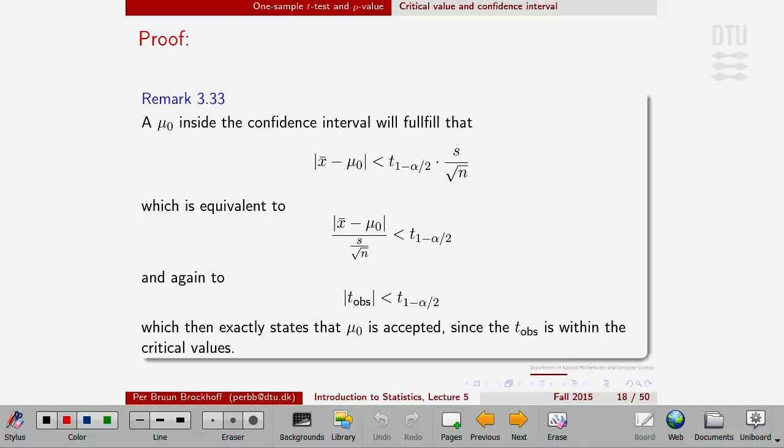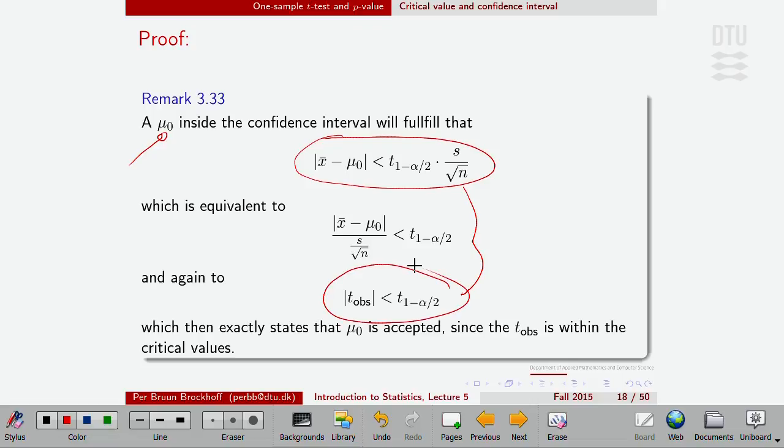It is just so obvious that I couldn't help bringing a slide: if I'm inside the confidence interval with some potential value for the mean, then it's easy to see in two steps that it corresponds to the observed t being within the acceptance area. There are only those building blocks here, so it can be in no other way.